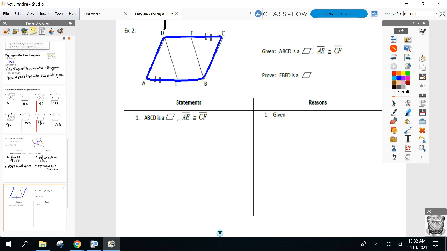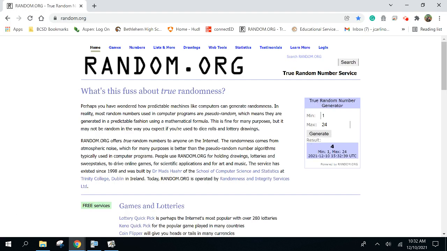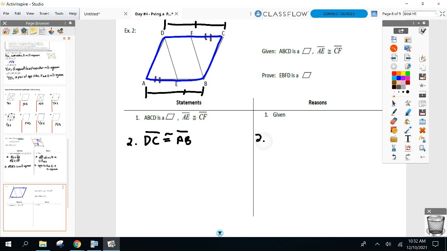Because you guys know, why is DC congruent to AB? That's the first thing I'm going to put in my proof. DC is congruent to AB. How do I know that's true? Why are those two segments congruent? There you go, Via. Now your time to shine. I just want to know why they're congruent. Why are those sides congruent? Why are DC and AB congruent?